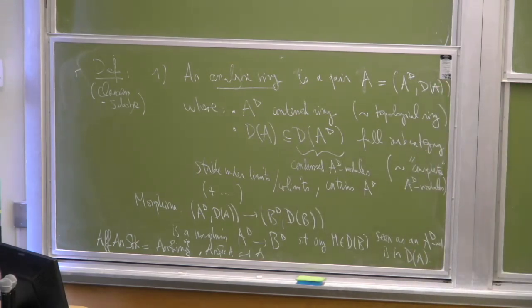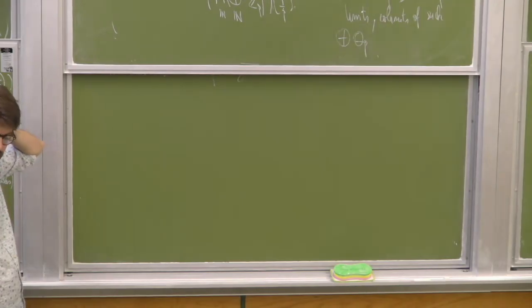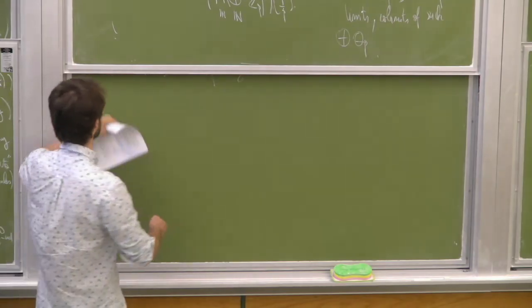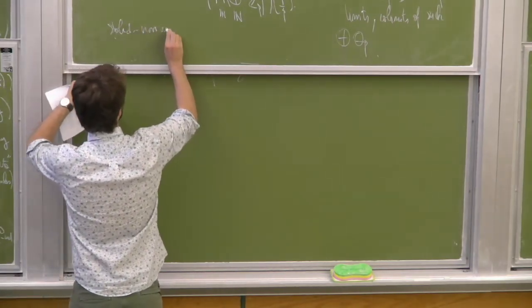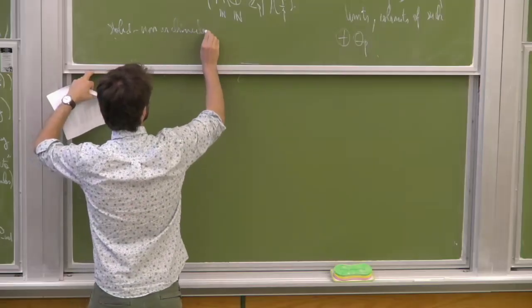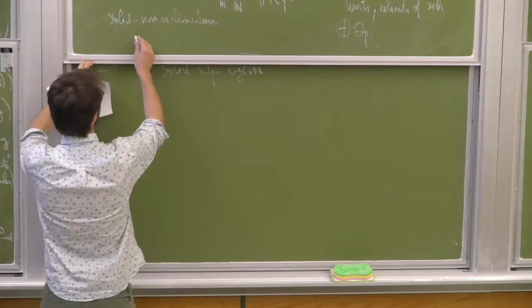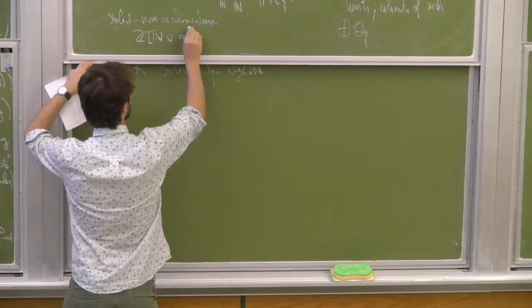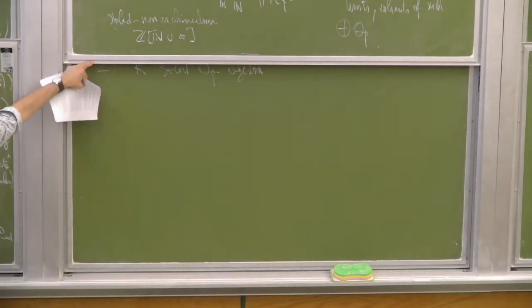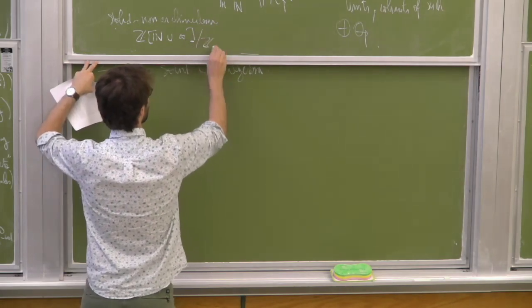Solid, roughly, yeah, solid is something like non-Archimedean, in the sense that, well, in this condensed world, maybe even in the category of condensed abelian groups, you can look at the following.